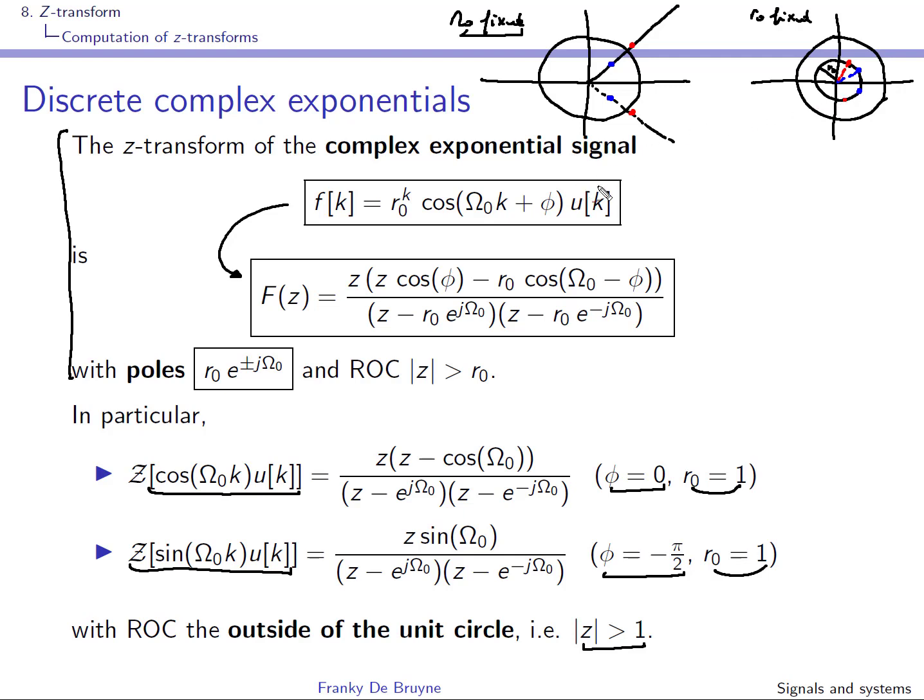So you can see here that omega 0 will increase the discrete frequency of the cosine. Okay, so this you have to be able to do, make a link between the pole location and the type of complex exponential signal that you will have.